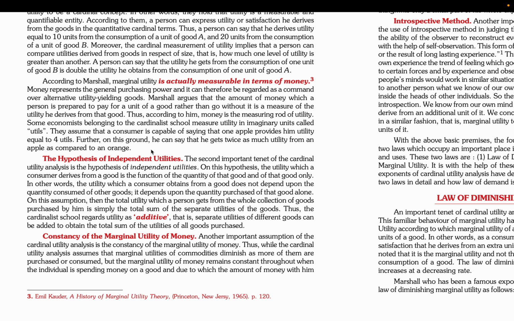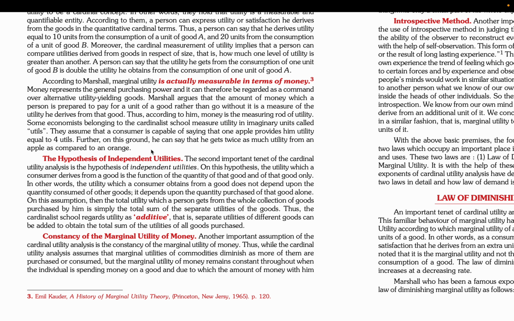Some economists belonging to the Cardinalist school measure utility in imaginary units called utils. They assume that a consumer is capable of saying that one apple provides him utility equal to 4 utils. Further, on this ground, he can say that he gets twice as much utility from an apple as compared to an orange.